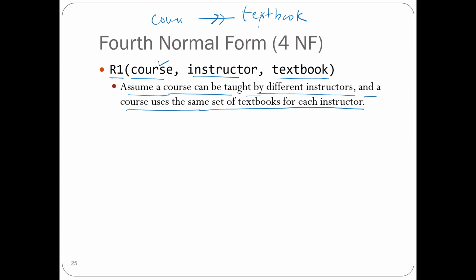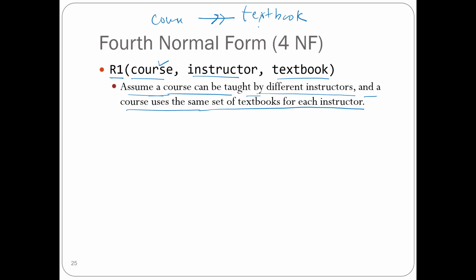The course determines the set of textbooks irrespective of the instructor. If this is the course, then these are the 3 textbooks that we will have to use. So here we have an example of a multi-valued dependency, and course to textbook is a multi-valued dependency independent of instructor.